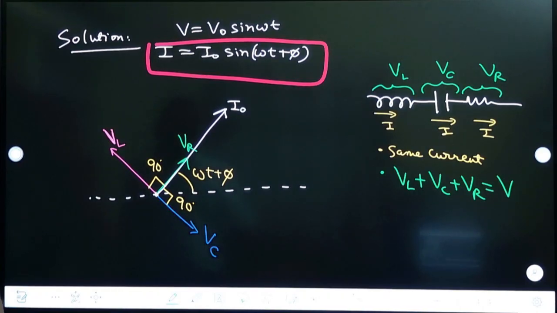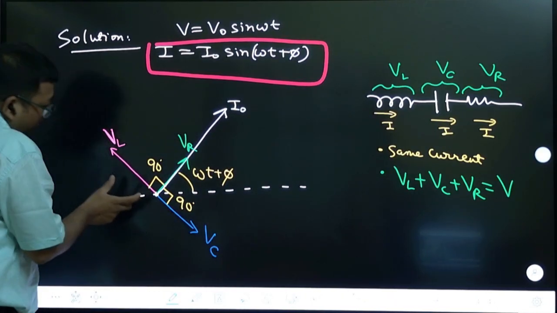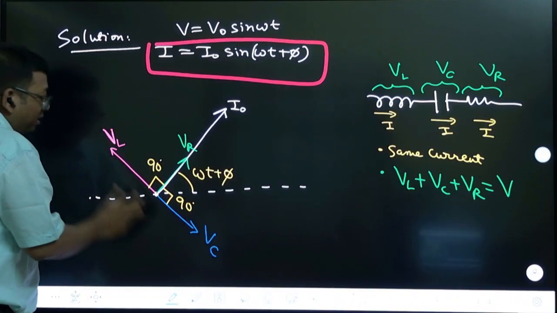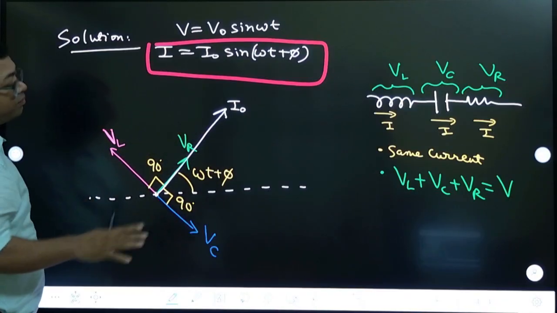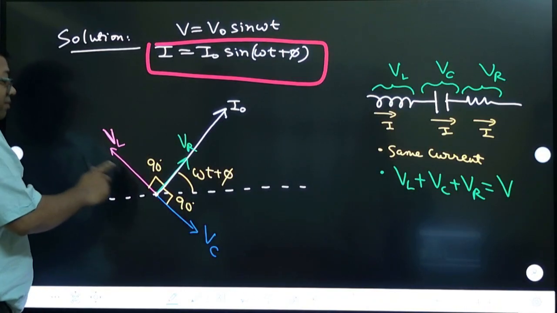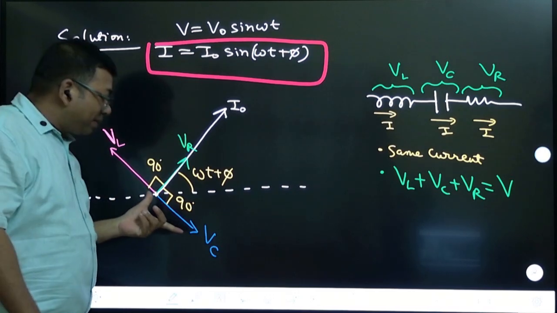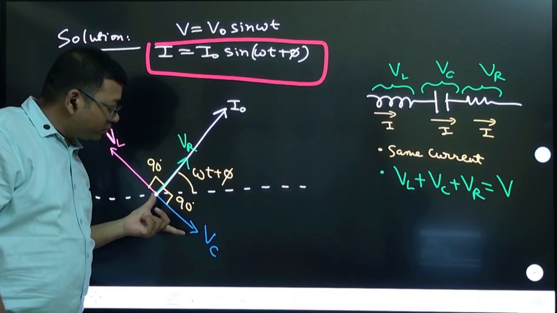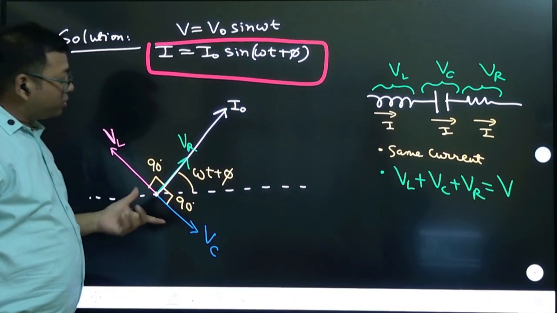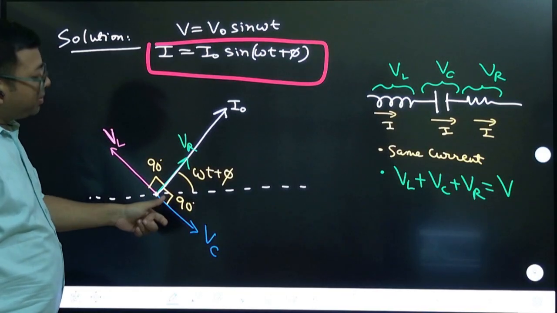Okay. Now note that the sum of these vectors VL, VC, VR will give V, right? And generally when I am representing like this, the vector represents amplitude. So these are the amplitudes now.